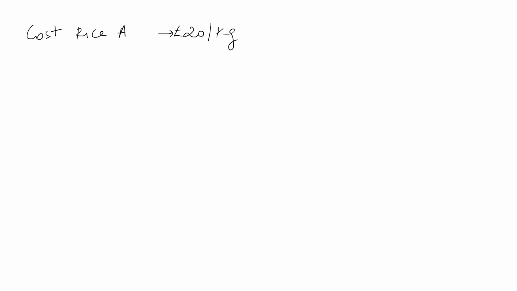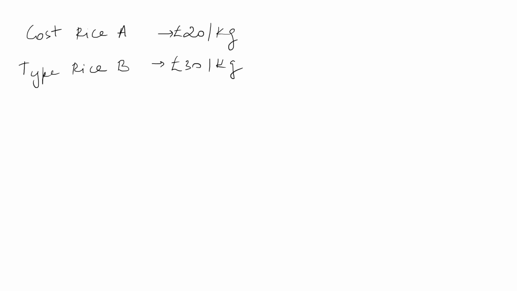And then we have another type of rice, let's call it rice B, and it is costing, let's say, around 30 pound per kg. Okay, so this is just an assumption.